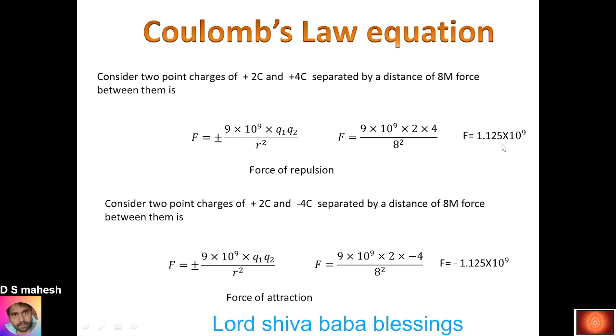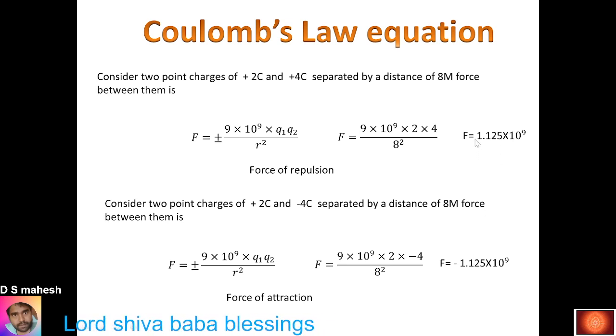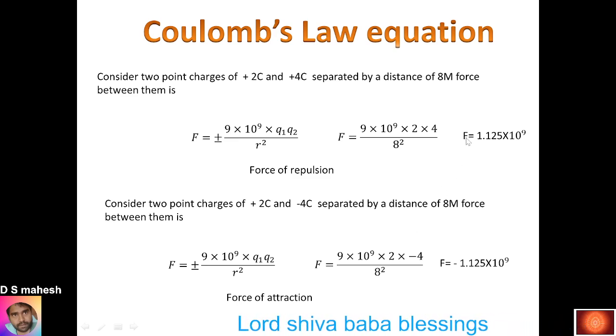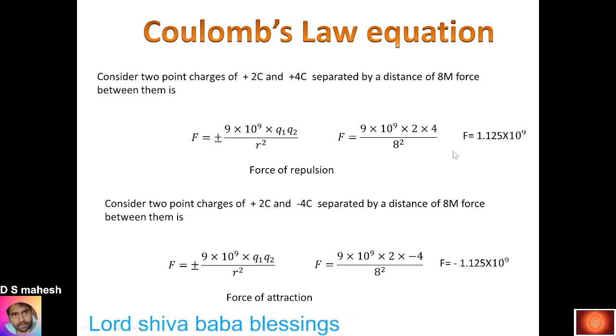So although the magnitudes are the same, the sign is different. Here the plus indicates a force of repulsion and the negative indicates a force of attraction. So the sign gives only the direction and the magnitude is given by the value of the answer. So this is regarding Coulomb's law.